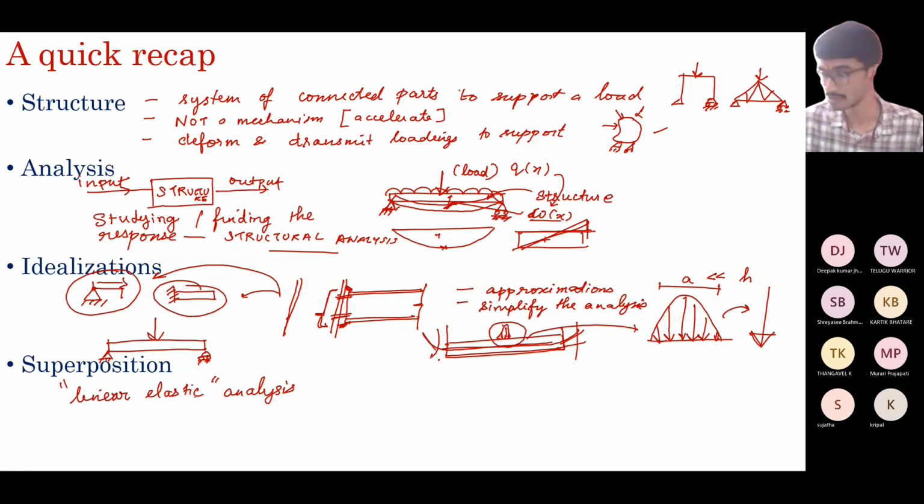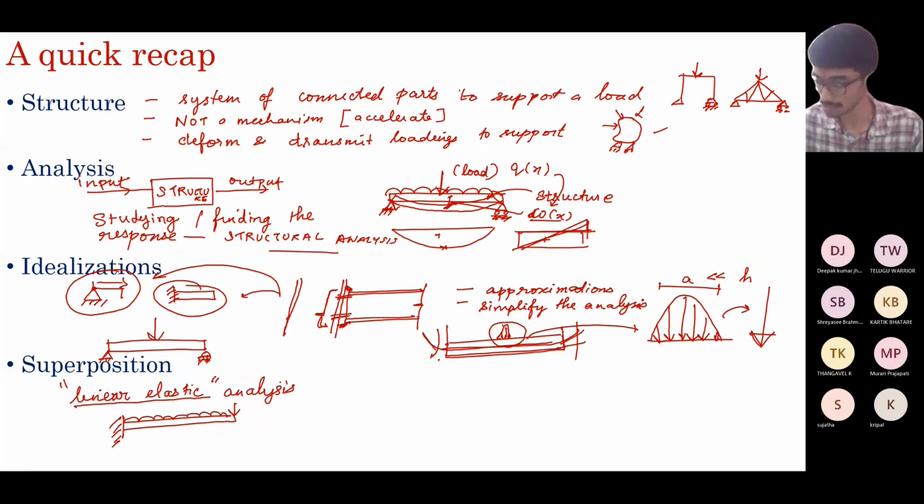So in layman's terms, a structure is subjected to two inputs. It could be two load inputs or two displacement inputs, whatever it is. Say a cantilever beam simultaneously subjected to a point load here and a uniformly distributed load here. If you're doing a linear elastic analysis, so what is linear elastic analysis?